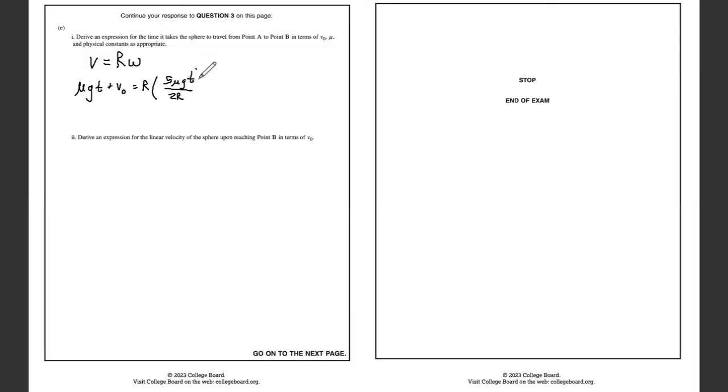So we can go ahead and cancel the r's, right? We can move all of the t's over to one side, and we should get 3/2 mu gt is equal to v naught. So therefore, t should equal 2 v naught over 3 mu g.